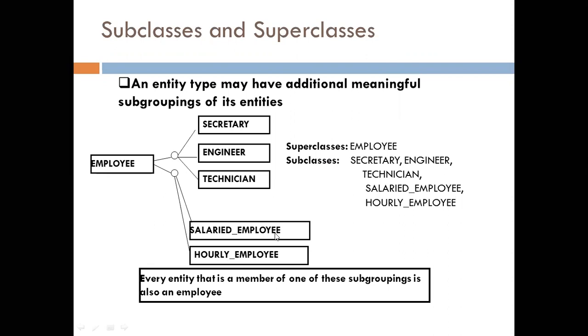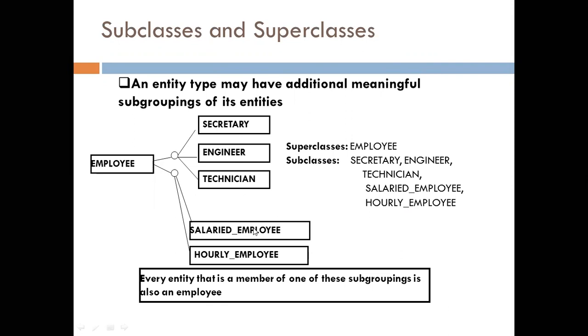If such things are represented, the notation for them will be like this: a superclass, then a small circle, followed by the subclasses. Every entity that is a member of the subclass is also an employee.